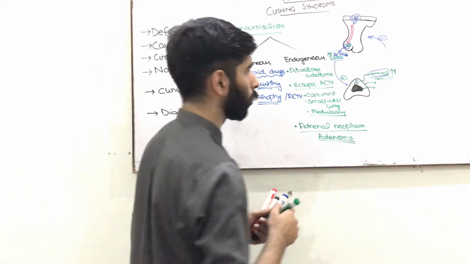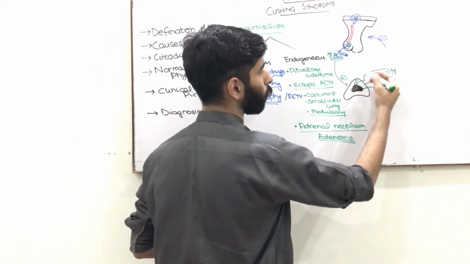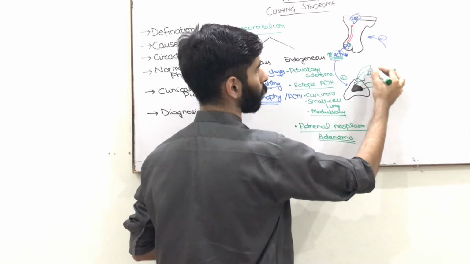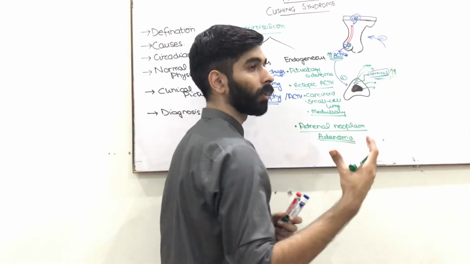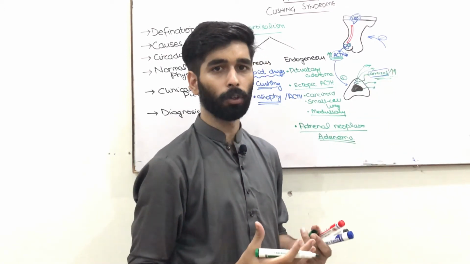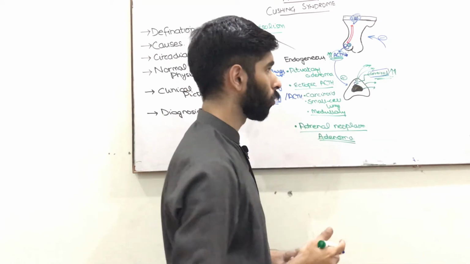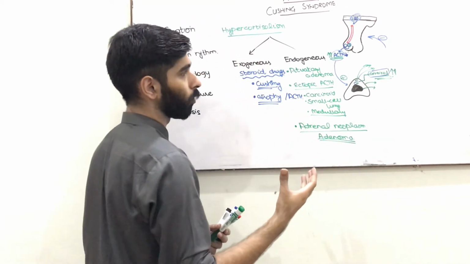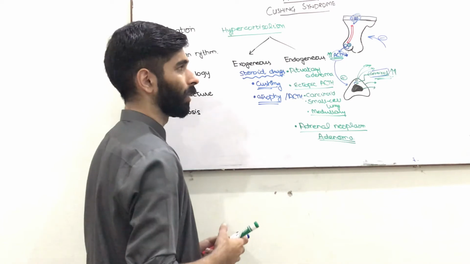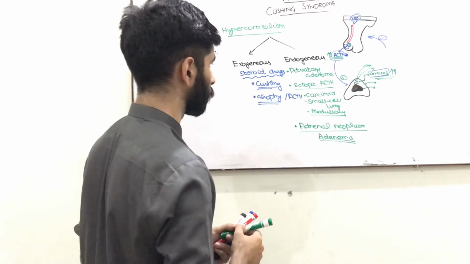When there is adenoma of the adrenal gland, there is hyperplasia and hypertrophy of the cells, they are producing more cortisol, and when there is more cortisol, it will definitely lead to Cushing syndrome.